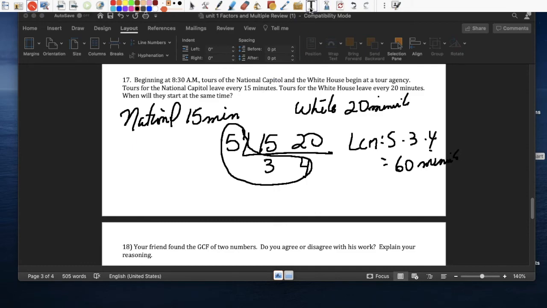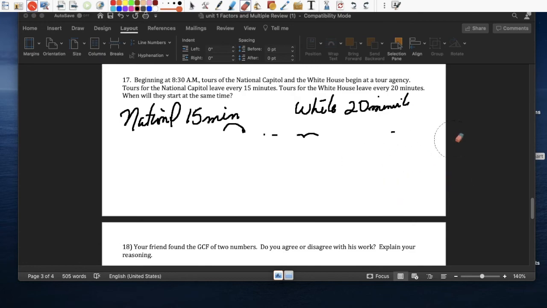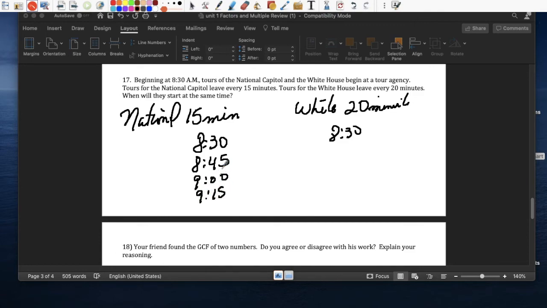And just to show you that is the correct answer, it says 60 minutes, right? If they both start at 8:30, the National's next show would be at 8:45 because that's 15 minutes later. 15 minutes after that would be 9 o'clock, and then 9:15, and then 9:30, 9:45.